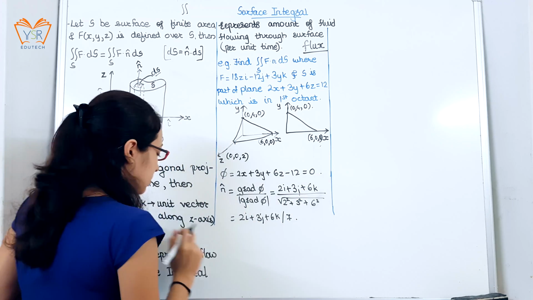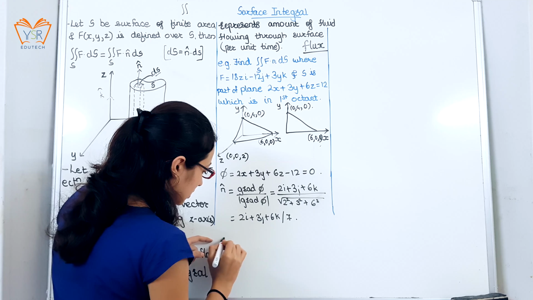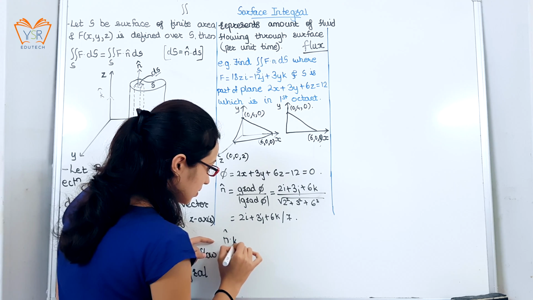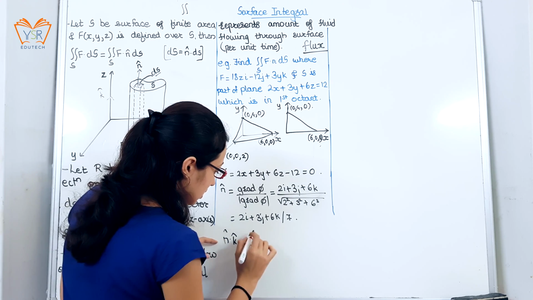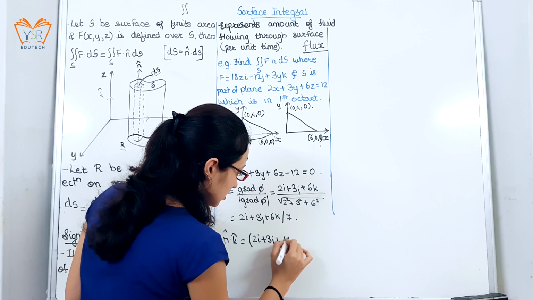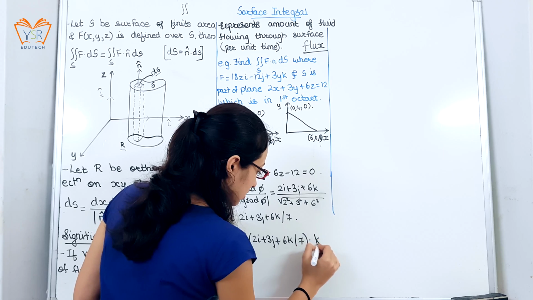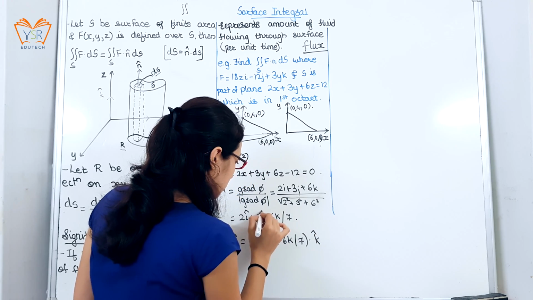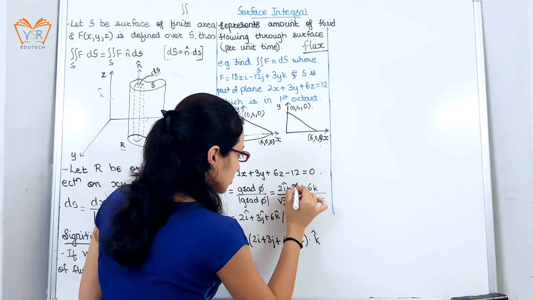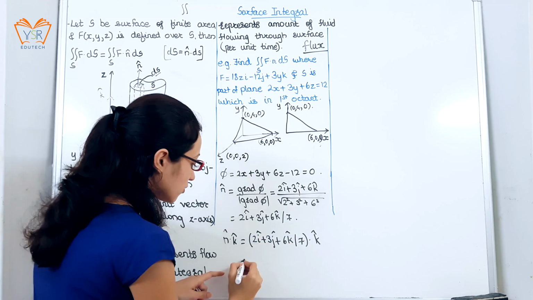Now we'll take the dot product of n cap with k cap. That is 2i plus 3j plus 6k divided by 7, dot k. We know how to go for the dot product.